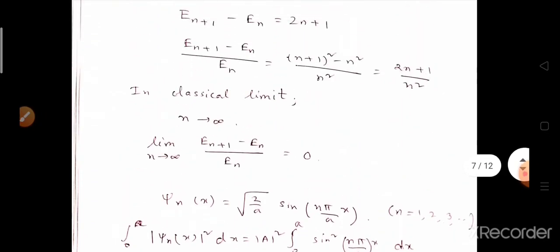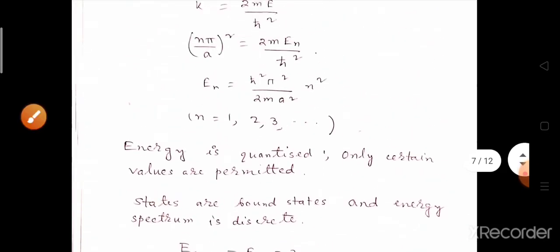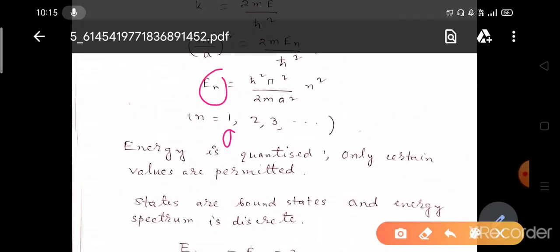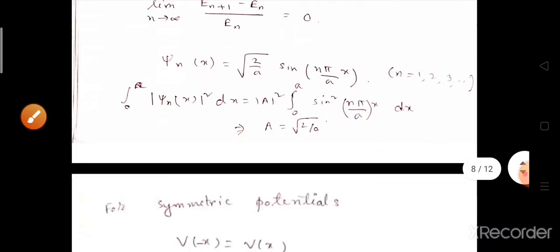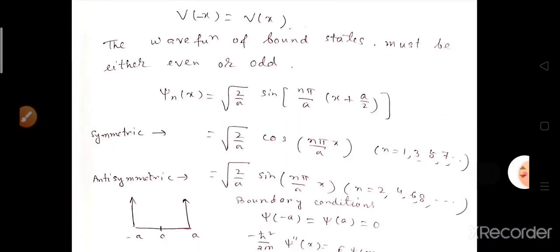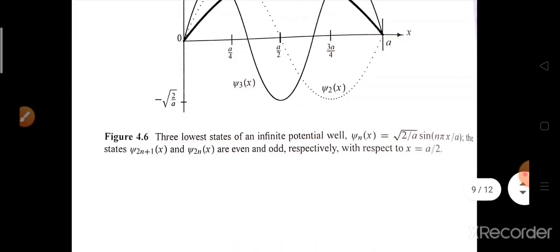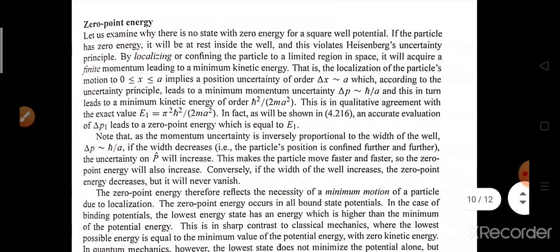And one more very important thing: n equals 0 is not allowed, which means En, the energy of the particle, cannot be 0. The ground state has the minimum energy of h cross square pi square by twice m L square, and this comes directly from the Heisenberg uncertainty principle: the ground state energy cannot be 0.